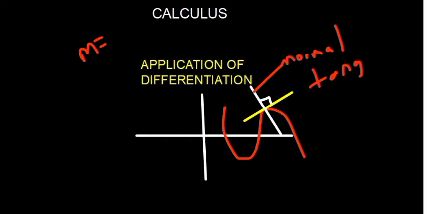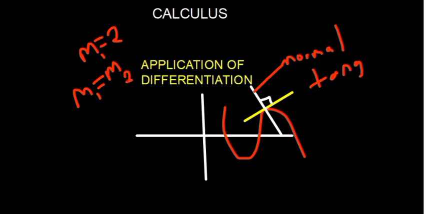Let's say the gradient of the curve at that point is 2. How do we find the gradient of the tangent? The gradient of the curve at a given point is equal to the gradient of the tangent at that point.